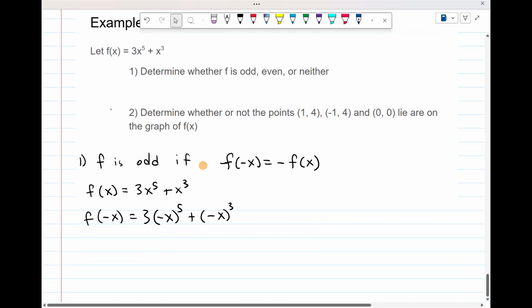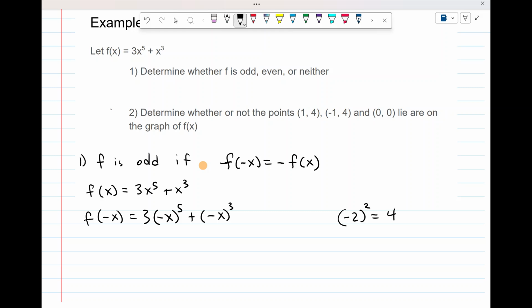Now, the general rule when we're dealing with exponents is this. If we have a negative number, like for example, let's just start with negative 2. If we square it, that would be a positive 4, because negative 2 times negative 2 is equal to positive 4.